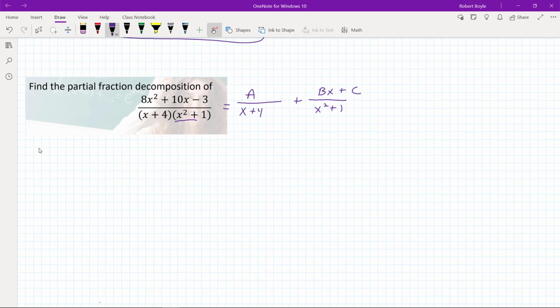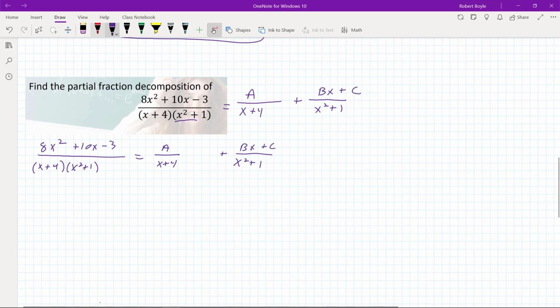Okay, so we are going to have that 8x squared plus 10x minus 3 divided by the product of x plus 4 and x squared plus 1 is equal to a divided by x plus 4 plus bx plus c divided by x squared plus 1.